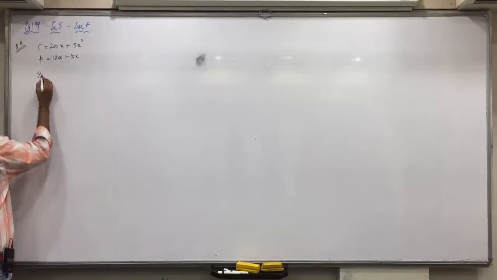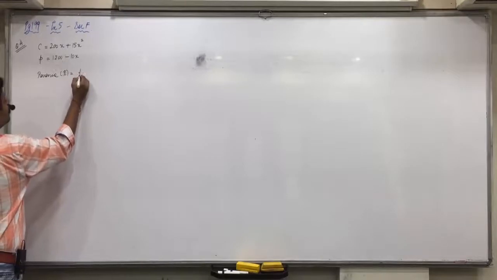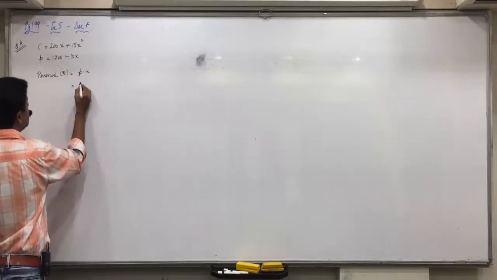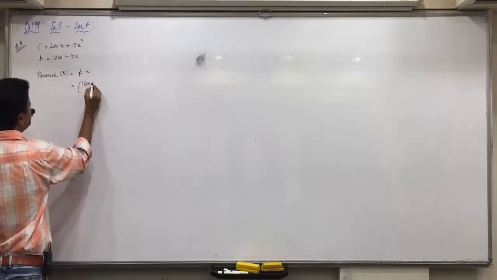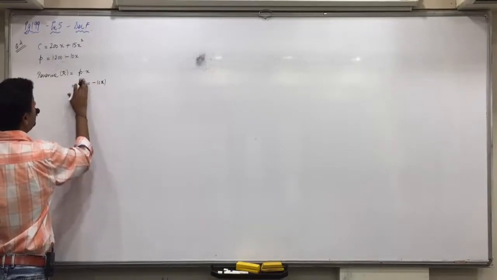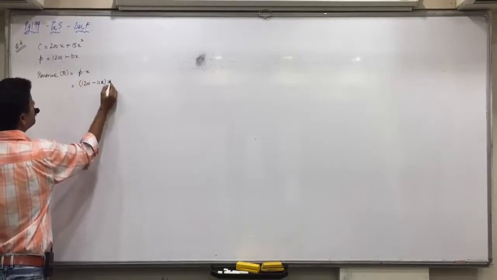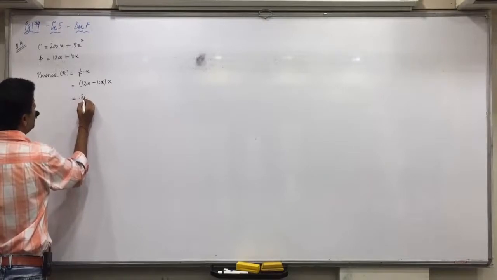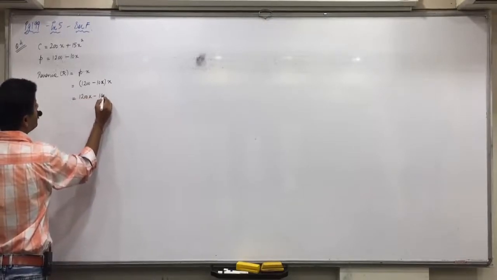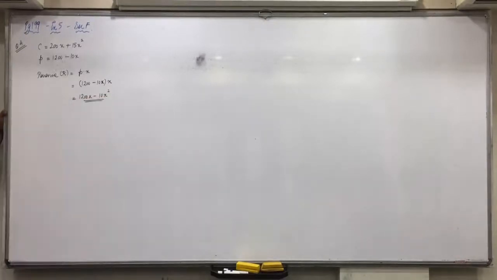First of all, write down revenue R is equal to P into x. P is 1200 minus 10x into x. So 1200x minus 10x square. Any confusion in this?